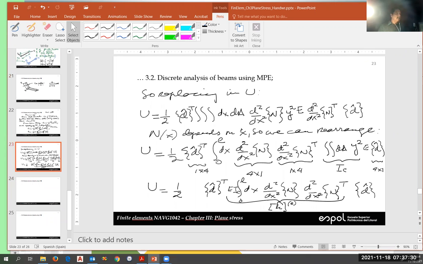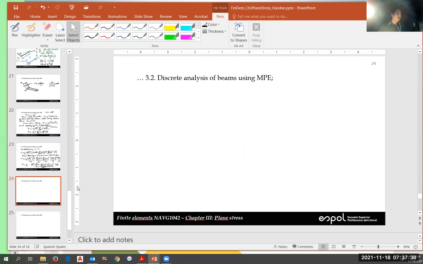Okay, so to do this, we have to remember these elements, and then we have to differentiate twice.